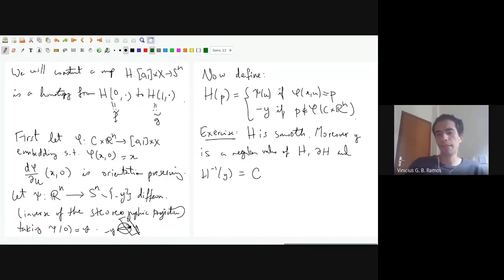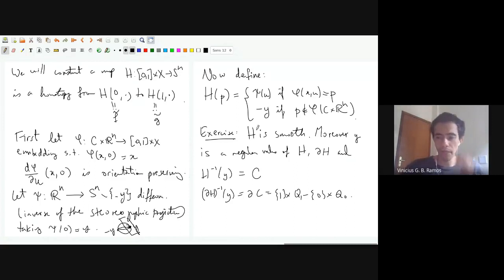Then Y is a regular value, also not very hard, of both H and the boundary of H. That comes from the fact that the boundary of C is transverse to the boundary, and the preimage of Y is C. Now what you can notice is that the boundary of H of Y is going to be exactly the boundary of C, which we know is just 1 times Q1 minus 0 times Q0.